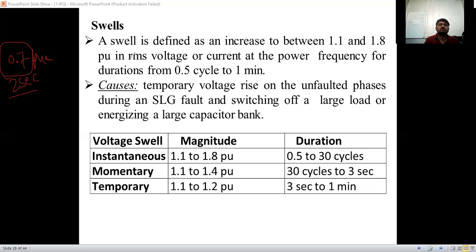And 1.7 per unit voltage, again for 2 seconds. In these, which one is voltage sag? Which one is voltage swell?